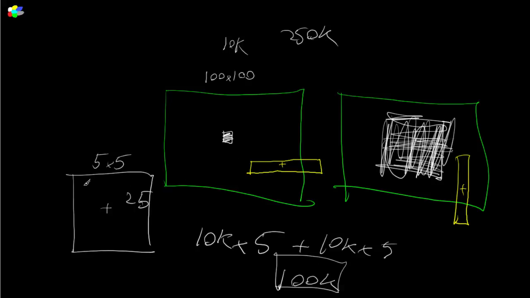If you do it combined, you have to sample 250K pixels. That's 2.5 times more work to do it this way than to do it separated. So if you can separate out your kernel into a horizontal and a vertical pass, then it's going to be a lot less work. It's going to be more optimized than having to do it all in one go.